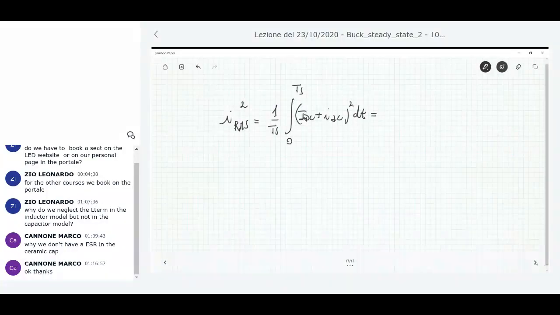So this is equal to 1 over Ts. Let me develop this square: IDC square plus IAC square plus 2 times IDC multiplied by IAC.